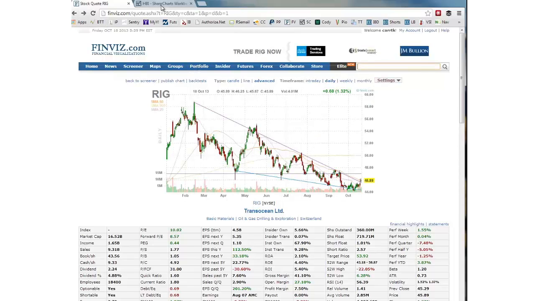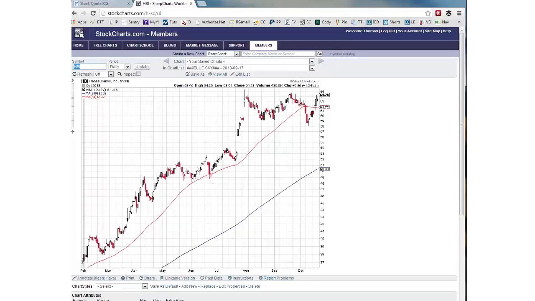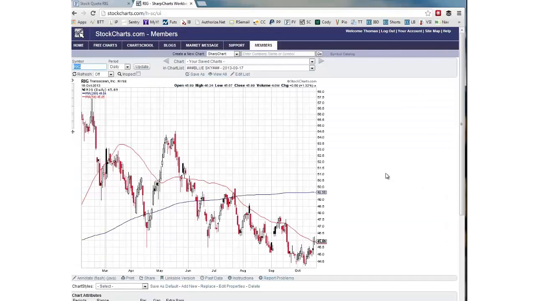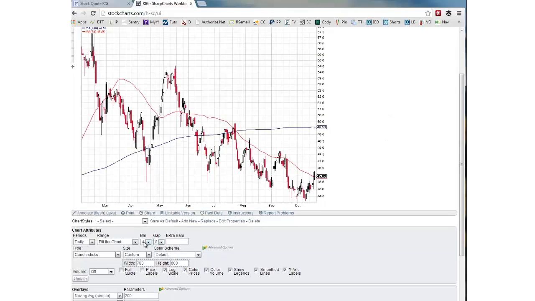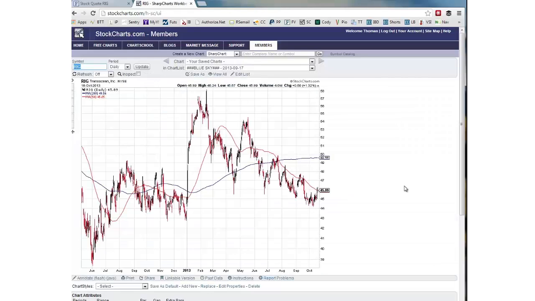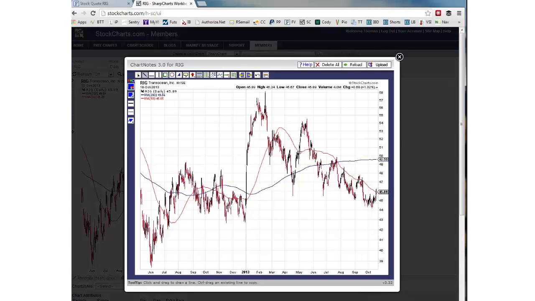So let's look at RIG on this chart here so we get a better picture of it. And there we have our downtrend, our falling wedge. Let's zoom out a little bit. We get a fuller picture of what's going on here. And let's annotate the chart somewhat here.